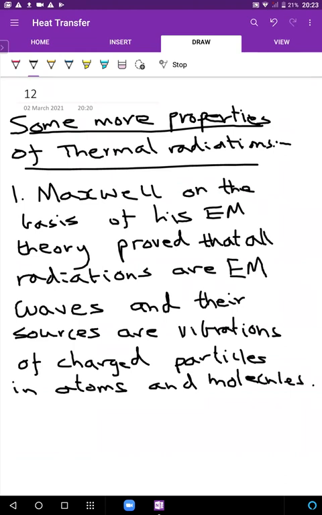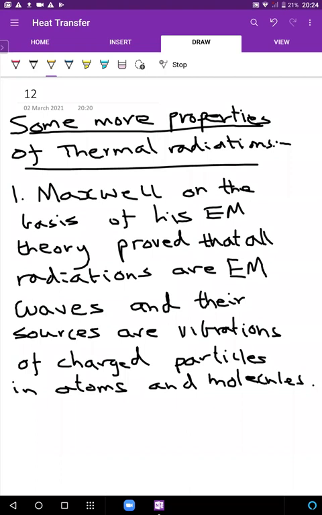So Maxwell, on the basis of moving charged particles, showed that perpendicular electric and magnetic fields are set up, an EM wave. You will understand that by the time we reach the end of electromagnetism. So just know this as a fact for now: where do EM waves originate from? For some reason they are originating because of vibrating charged particles.